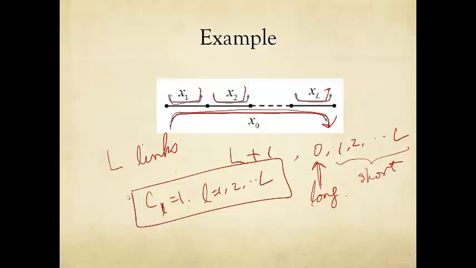And therefore, each link is really shared by 2 sessions, the ith session, plus the 0th one, the long one. And they have to add up to be less than or equal to 1 unit for all the i's from 1 up to L.